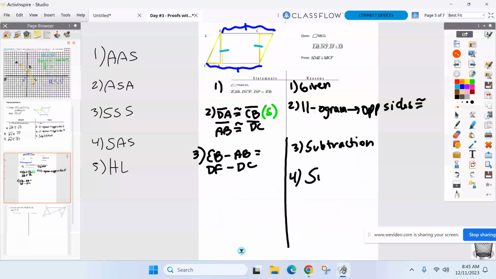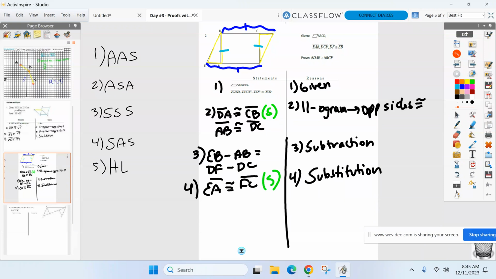Substitution. That gets me a second pair of sides in EA and FC. Everybody catch up before we find the third pair.